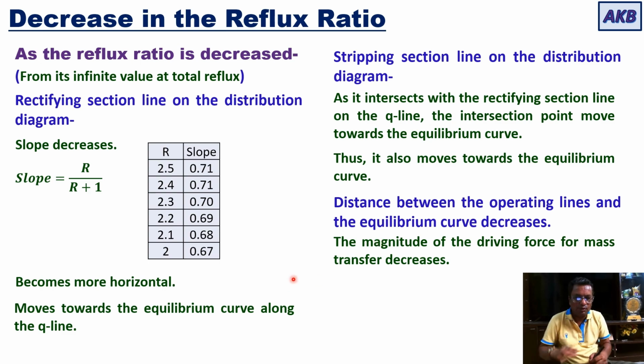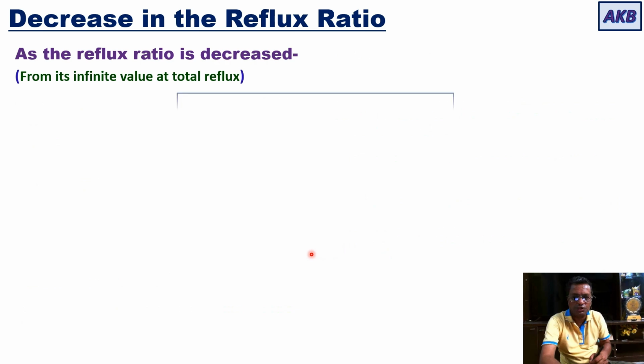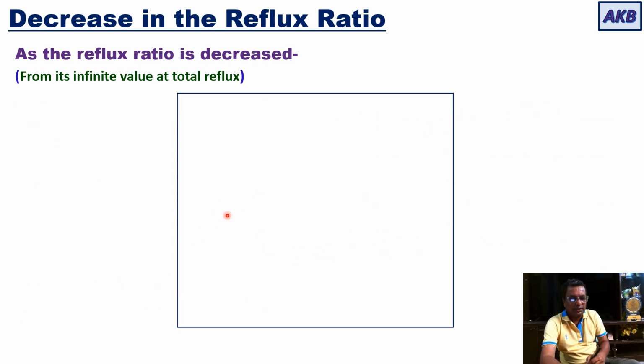Okay. Now you'll understand this when I show you the distribution diagram. So let us follow all this on this distribution diagram. You have x plotted on the x-axis. x is the mole fraction of the more volatile component in the liquid phase. Then y is plotted on the y-axis. y is the mole fraction of the more volatile component in the vapor phase.